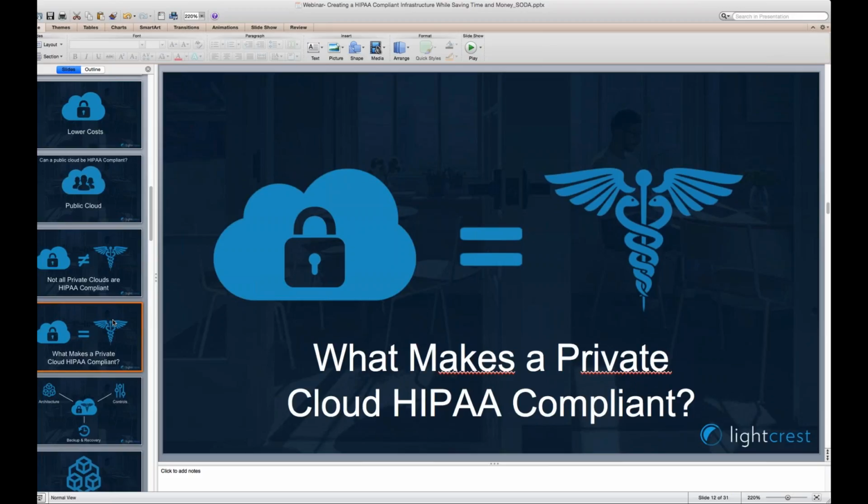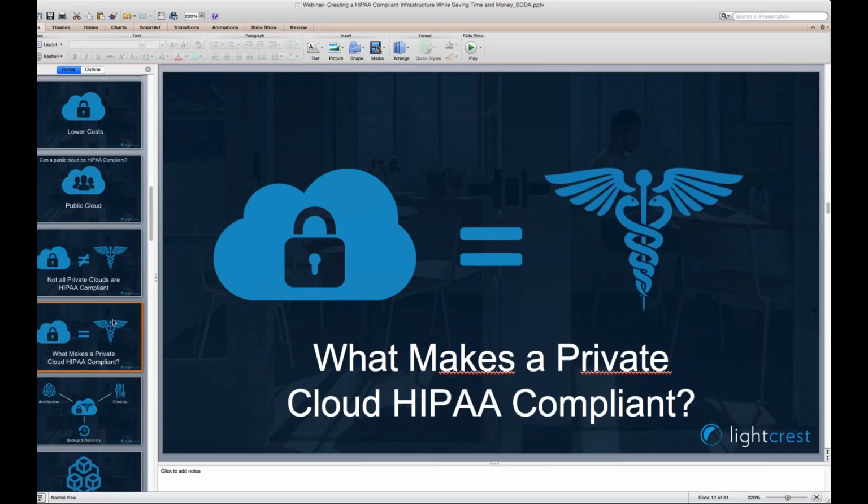Again, there's no list you can download from the internet and just tick the boxes and say, oh, I'm HIPAA compliant. You need to secure your infrastructure, set up best practices, build a risk register, and then when you've passed the audit, you will have, quote unquote, acted within compliance.